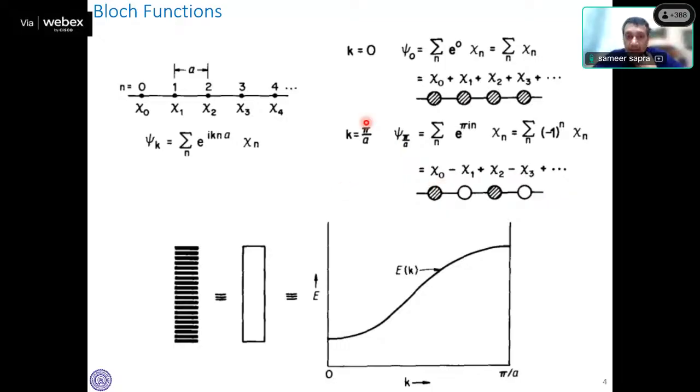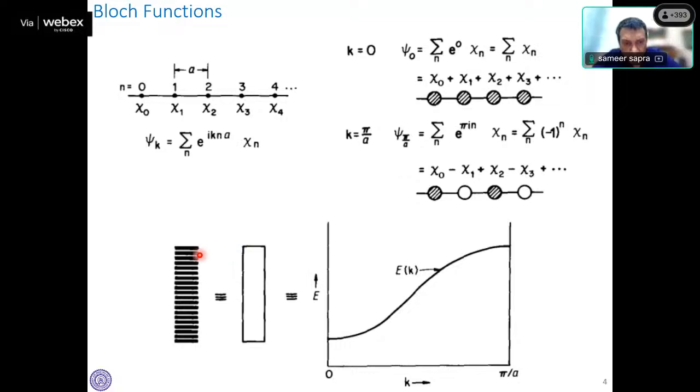And for the rest, everything that lies between 0 and pi by a, the energy of those particular molecular orbitals is going to lie between these two energies. So the highest energy orbital and the lowest energy orbital will form a band, because if I'm going to take this as infinity, then k has lots and lots of these values, and they are continuous, or if you really want to be very accurate, then quasi continuous.